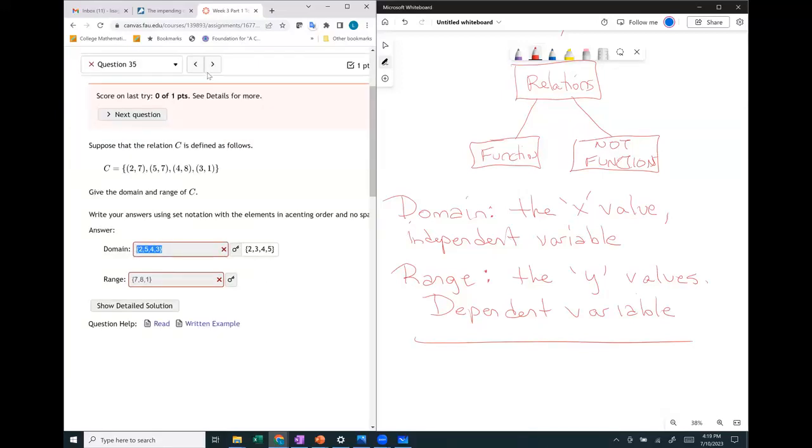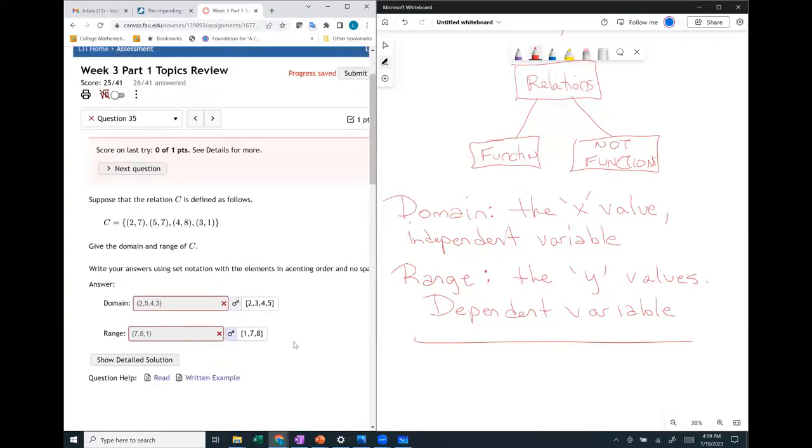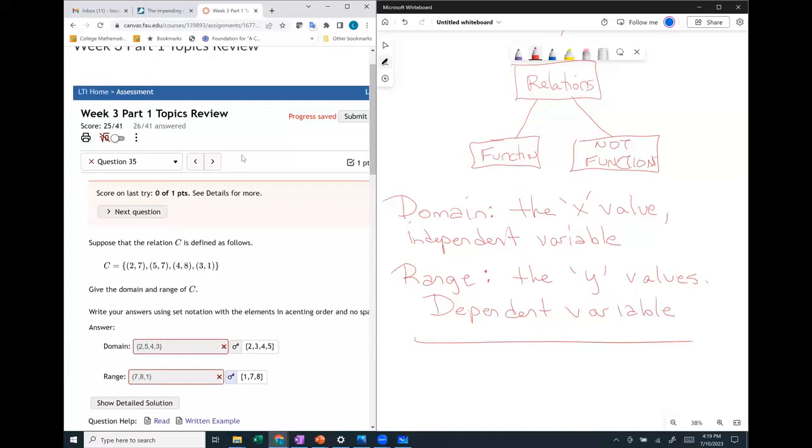The answer I have is right, but they wanted ascending order: 2, 3, 4, 5 and 1, 7, 8. We have the same numbers. I can't seem to figure out how to make it give me another question, so sorry about that.